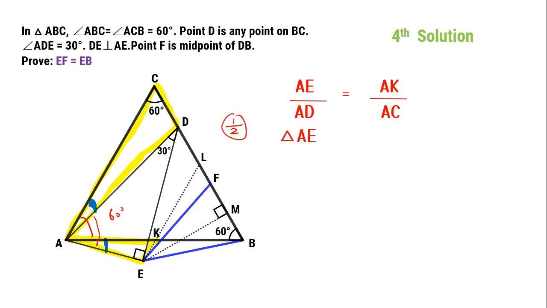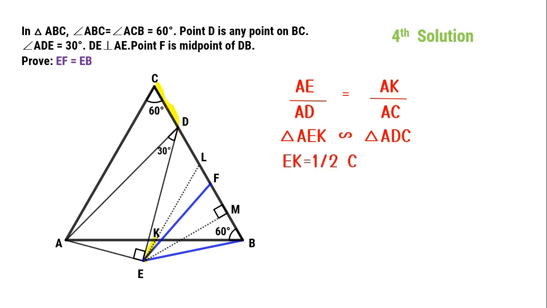So we can get triangle AEK similar to triangle ADC, and EK over CD is 1/2. And angle BKL also equals 60 degrees, and angle BLE also equals 60 degrees.